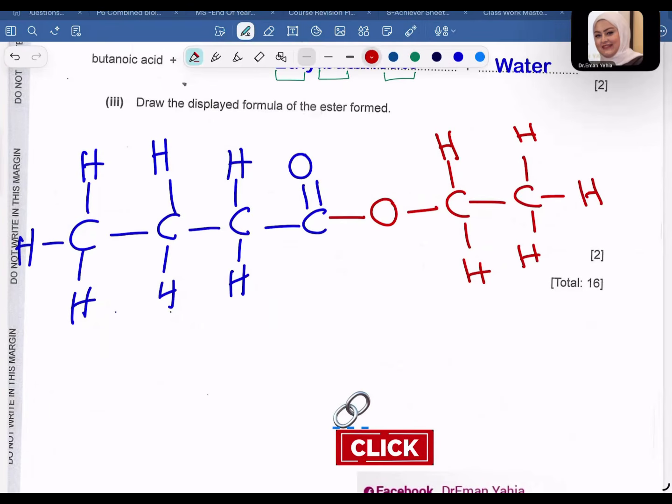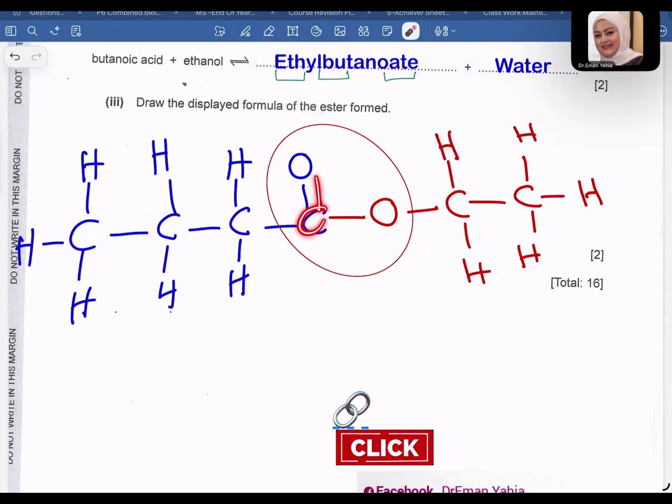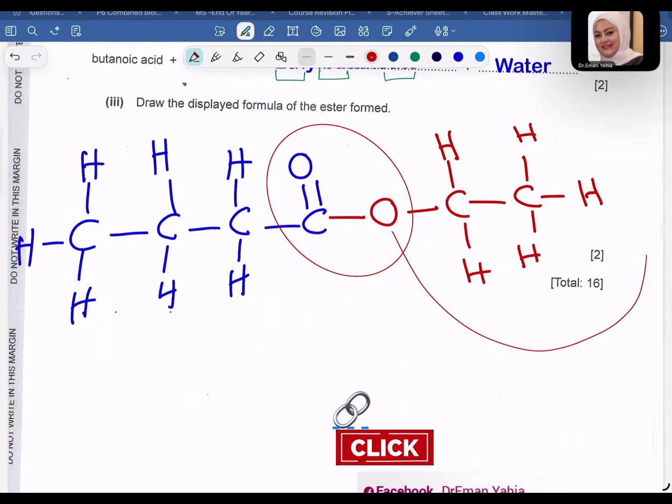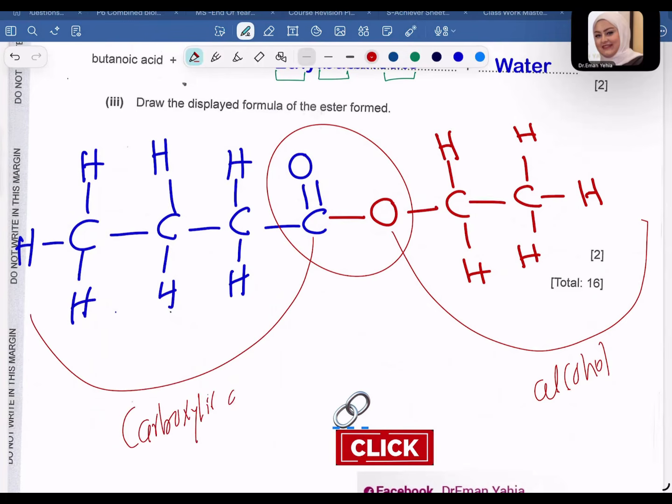How to draw it? First, draw the ester link, which is C double bond O, O. This part is coming from the alcohol, and this part is coming from the carboxylic acid. So draw the linkage, and then complete the number of C's of the alcohol.